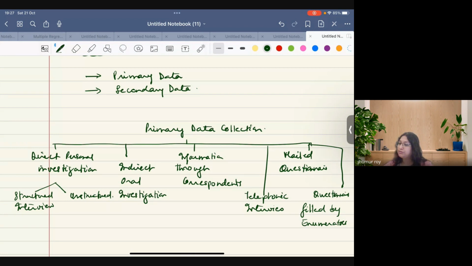Now when we come to the secondary methods, these are methods basically when you go to different sources, like you might have in your country certain sources which will provide you with different kinds of information.